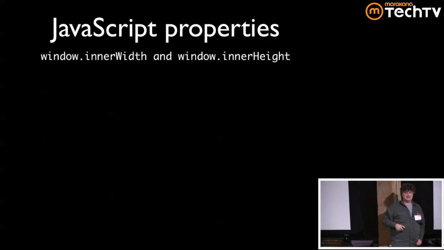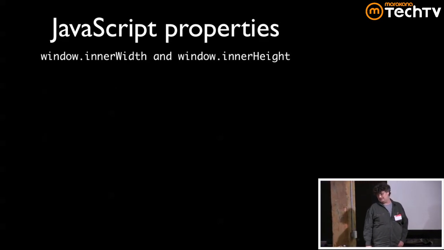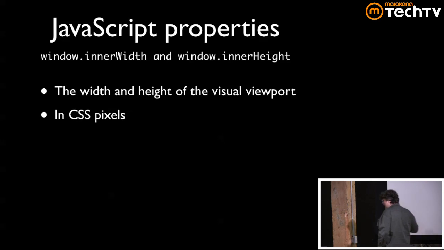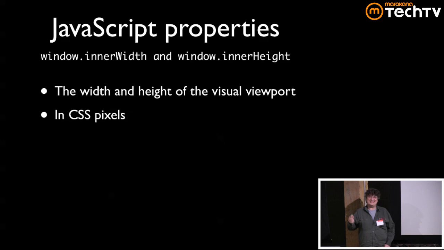And now we come to the real important part, window.innerWidth and window.innerHeight. This is the width and height of the visual viewport, expressed, of course, in CSS pixels. This gives you vital information, namely how much of your site is the user currently viewing? How much of the stuff can he actually see right now?